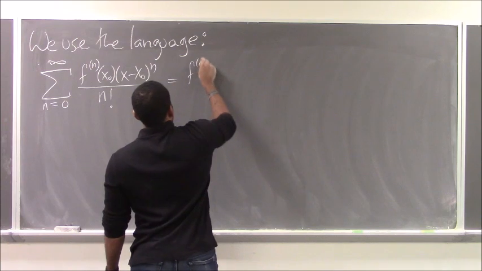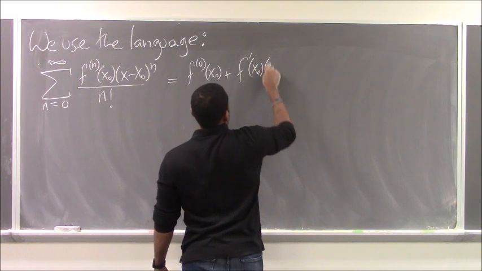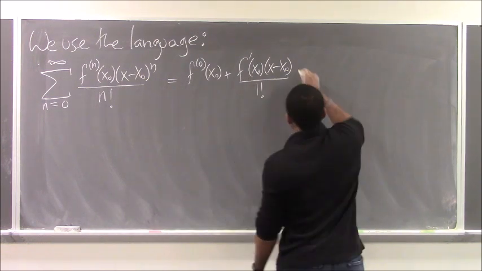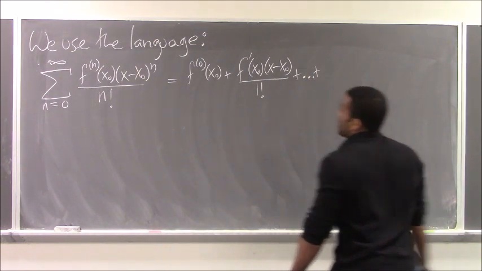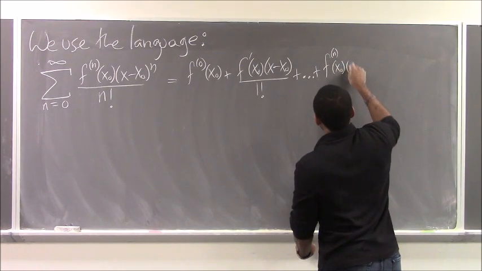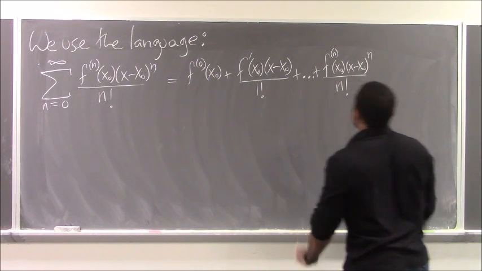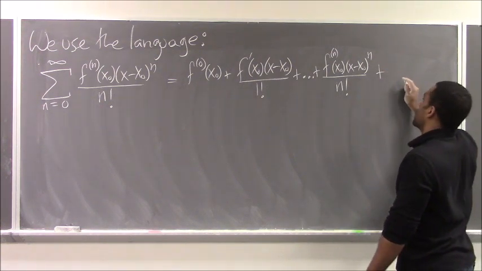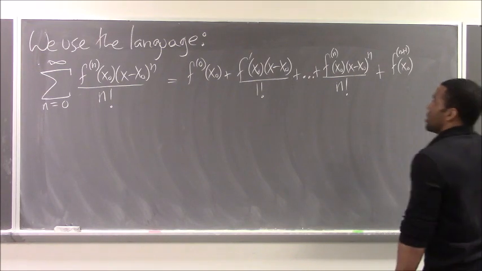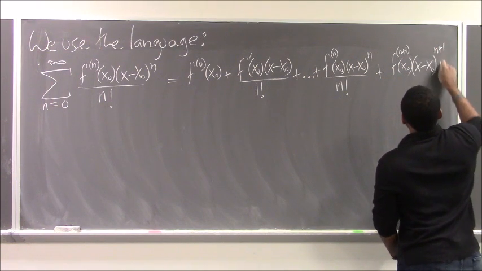Well, this is f to the 0 plus f prime plus dot dot dot going all the way up to the nth guy, plus, then I can talk about the n plus first derivative at x naught plus dot dot dot.